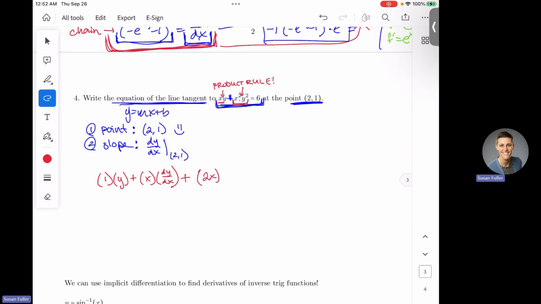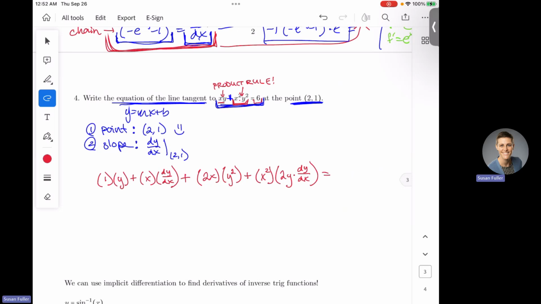Yep, it's 2x times the second function as is, that's y squared, plus my first function as is, x squared, times the derivative of my second function. What's the derivative of y squared? Yep, it's 2y, and I took the derivative of y, so I have to multiply by dy/dx. All of that is the derivative of x squared y squared.